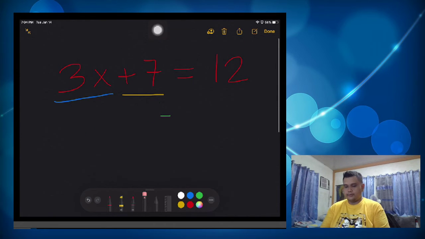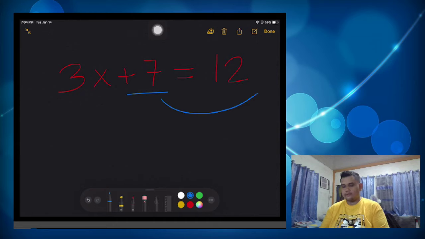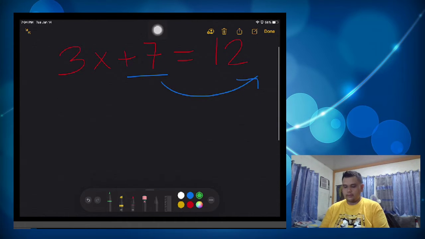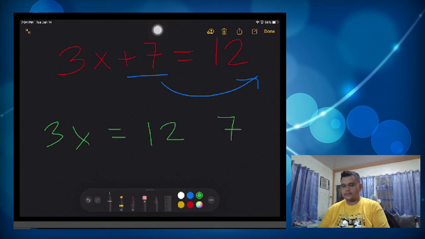So for example, we want to transpose the value of positive 7 to the other side of the equation. Doing that, we are going to rewrite the equation as 3x equals 12 and the value of 7.